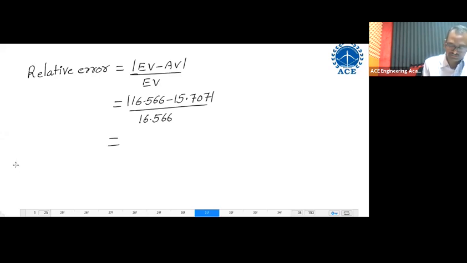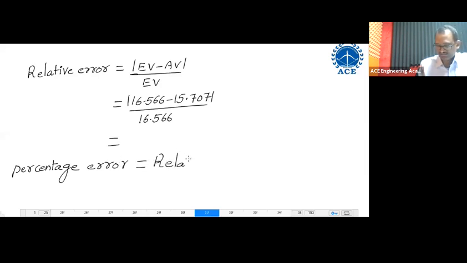Simplify this and tell me. Percentage error is the relative error multiplied by 100.